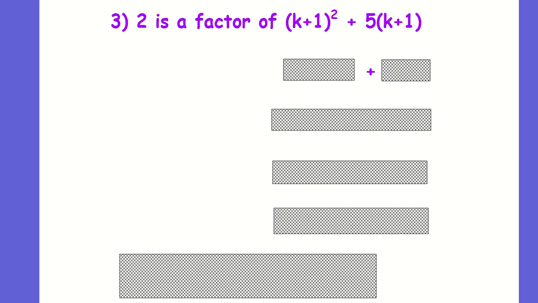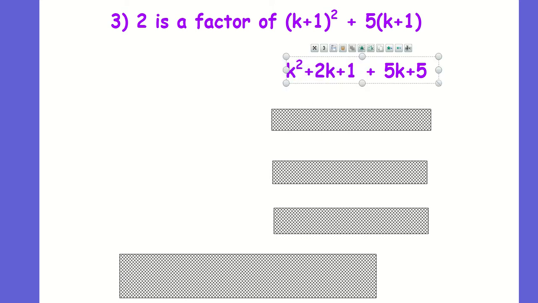So what do you think we're going to do? We're probably going to expand that and FOIL, as well as distribute the 5, right? There might have been a step in between, k squared plus k plus 1, but ultimately it's k squared plus 2k plus 1.